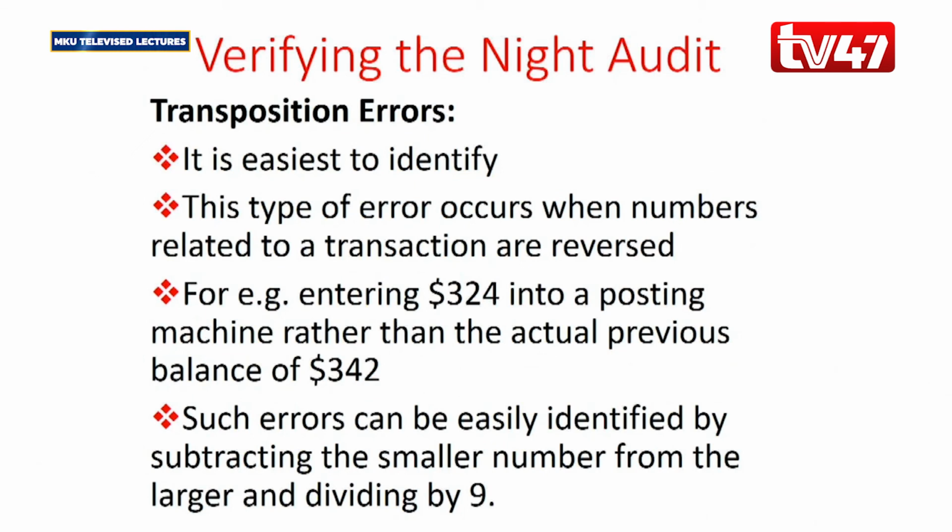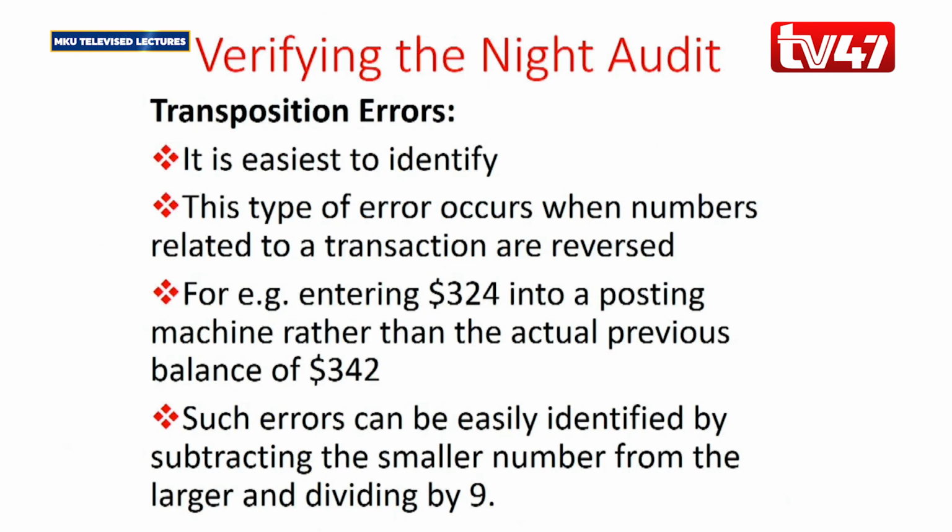Then the transposition error. This is a type of error that occurs when numbers related to a transaction are reversed. I'll give you an example: instead of posting $324, the front office cashier posts $342. This is a very easy error to check. We identify transposition errors by taking the difference between the two numbers and dividing it by 9.